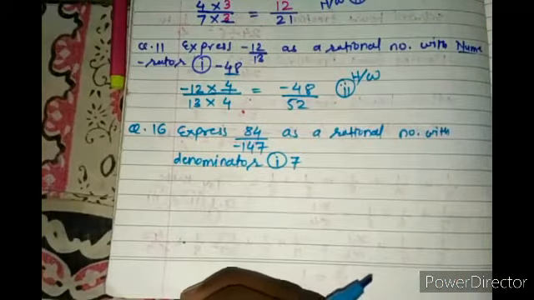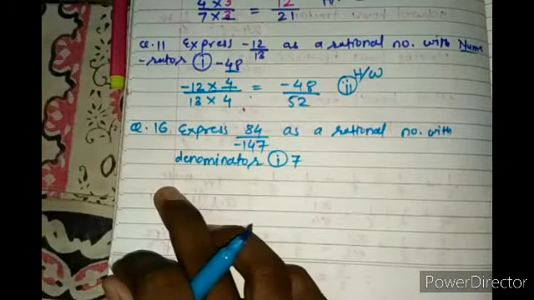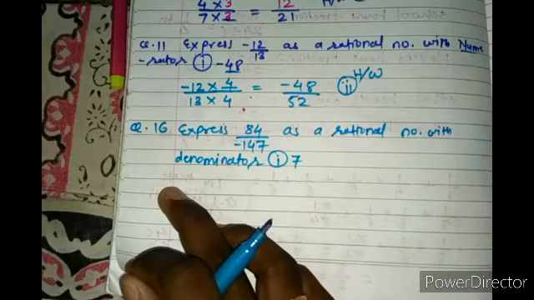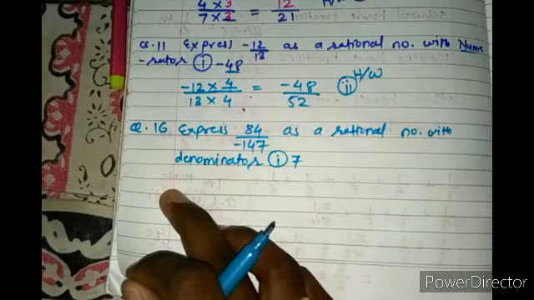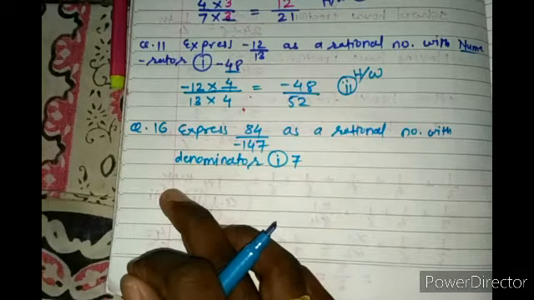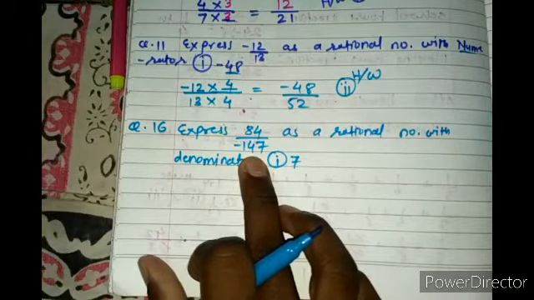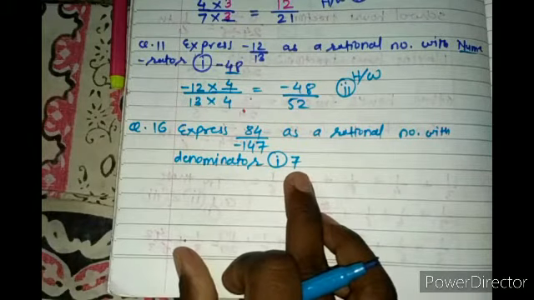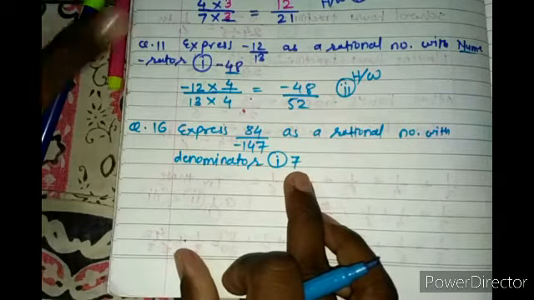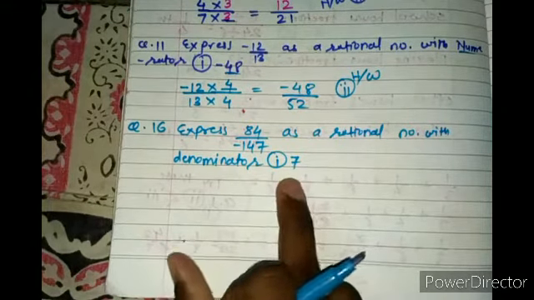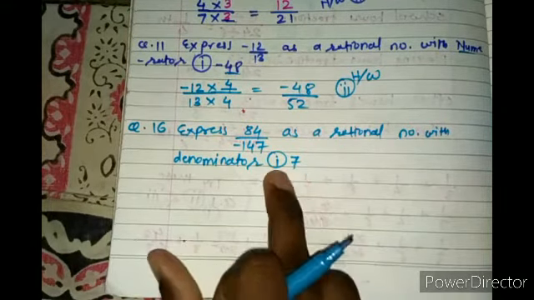Now I am taking question number 16 because 12, 13, 14 and 15 are of the same pattern. Only in 16 there is a problem, that is we have to express the denominator 147 as 7. It would be a little bit hard, not tough. So how can we get the denominator 7?